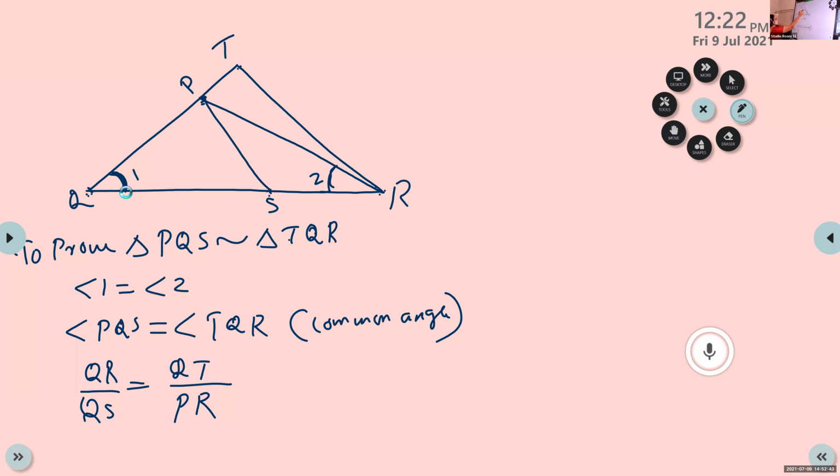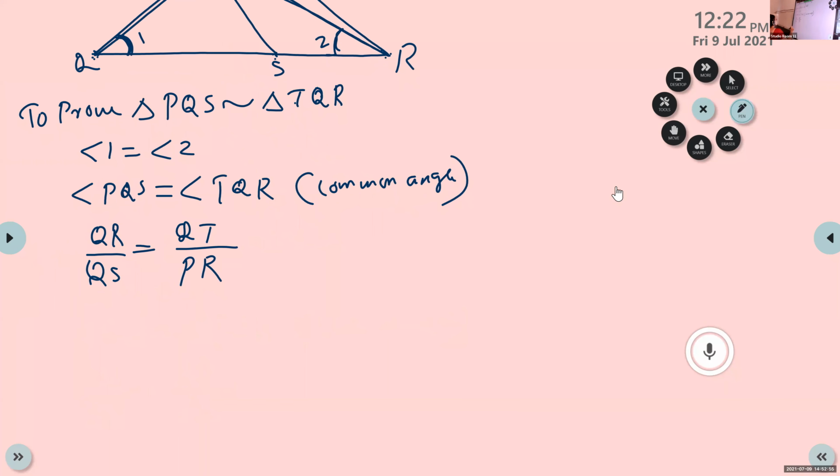So the sides opposite to equal angles are equal. So instead of PR, we can replace it with PQ in this ratio. So you can write QR by QS equal to QT by PQ.